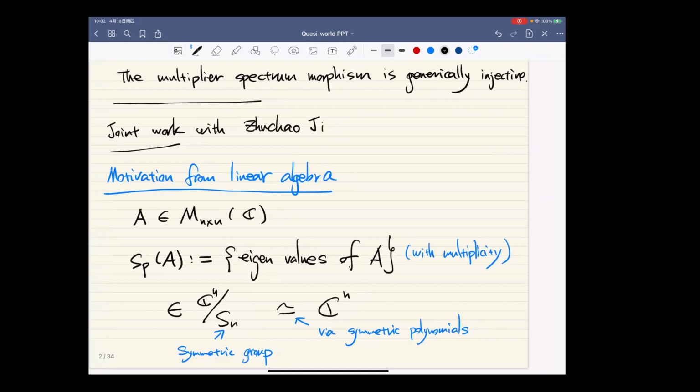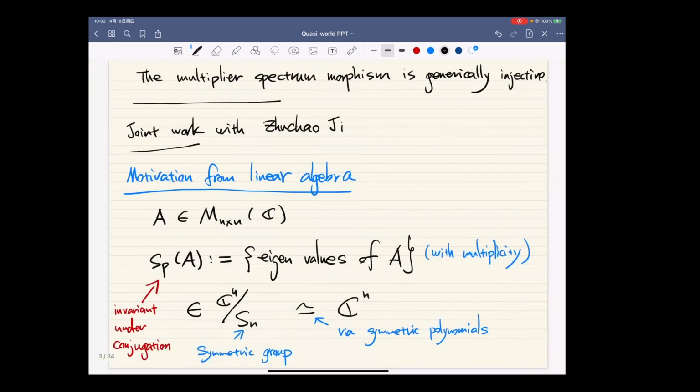And this spectrum is invariant under conjugation.